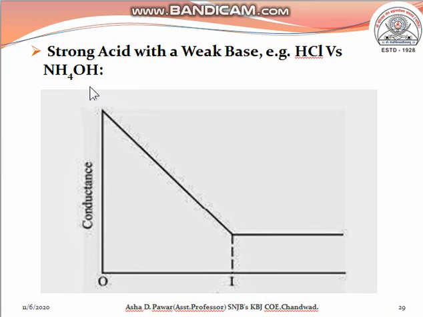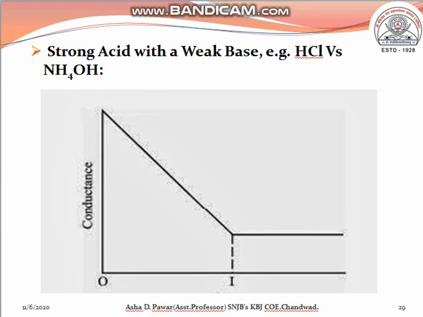Means in a strong acid weak base conductometric titration, at the initial stage conductance is maximum, and as addition of weak electrolyte conductance decreases, and after equivalent point conductance slightly increases or is nearly constant because we add NH4OH. It is not completely ionized, means it is a weak electrolyte.